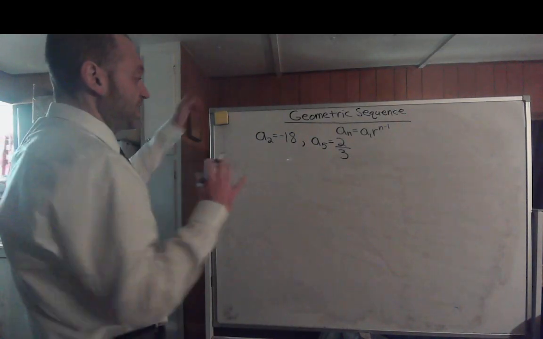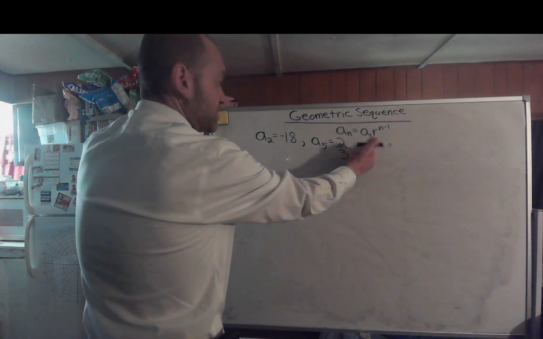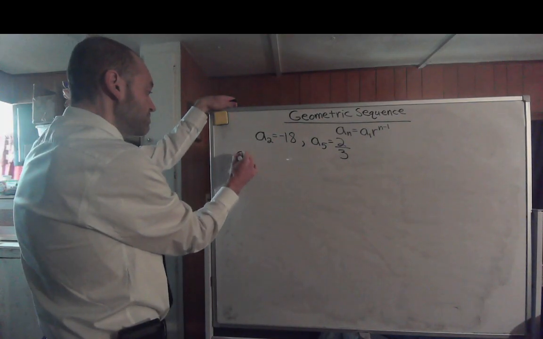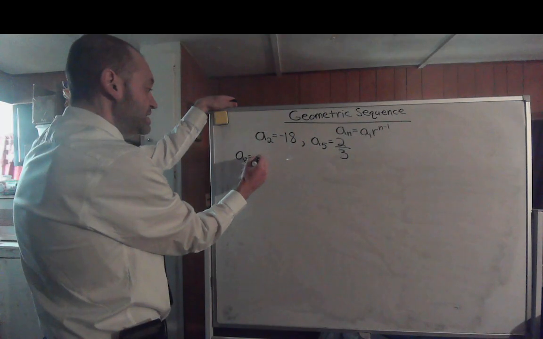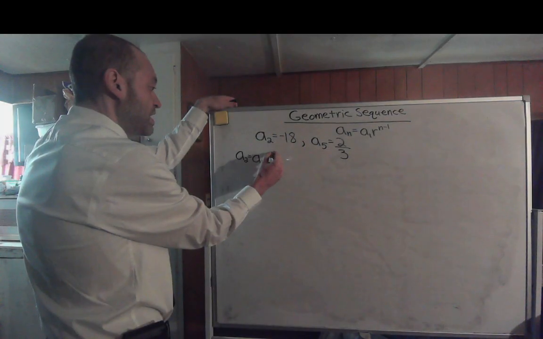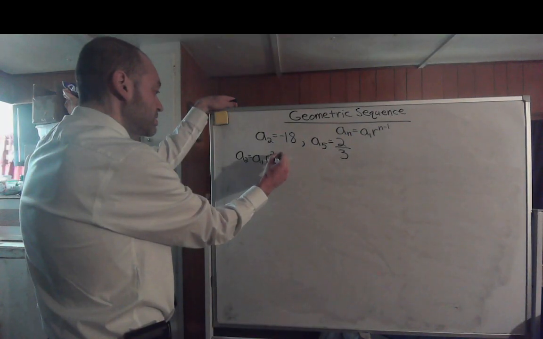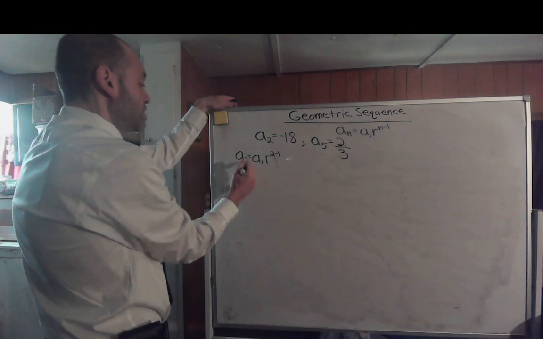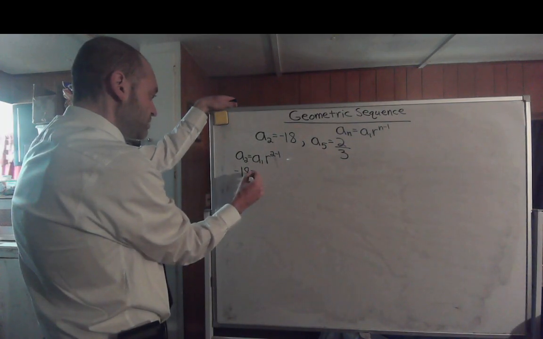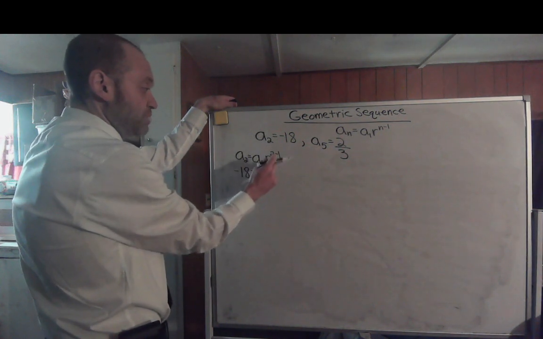So let's take the general formula for a geometric sequence for each term. That means a sub 2 would equal a sub 1 times our common ratio to the 2 minus 1 power, which we know a sub 2 to be negative 18. That's going to equal a sub 1, and then 2 minus 1 is 1.